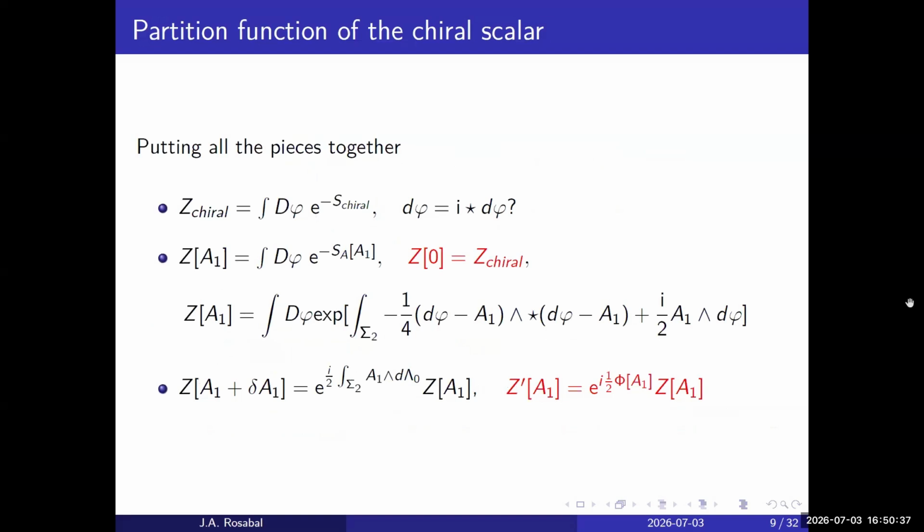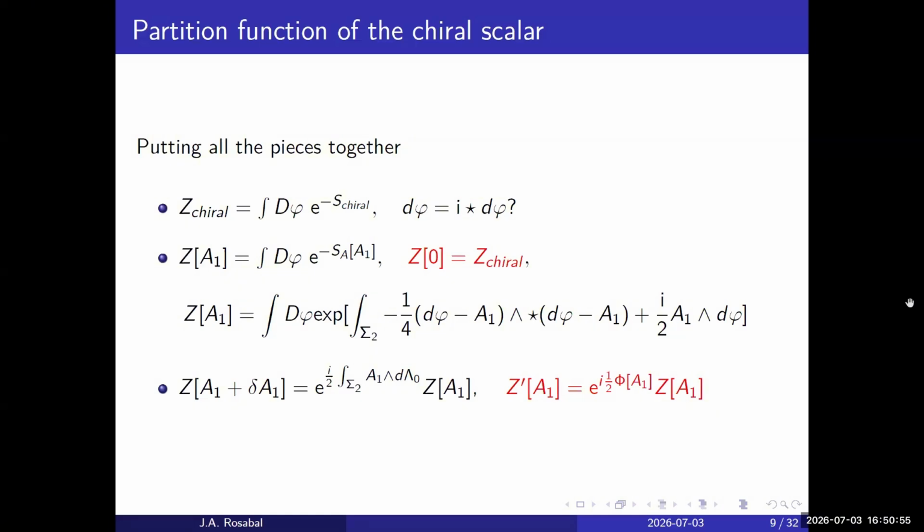So let me put all the pieces together in this case. We want to compute, in the two-dimensional case, similar to the six-dimensional case for the M5, the partition function of the chiral theory with this condition, or at least with this classical condition.